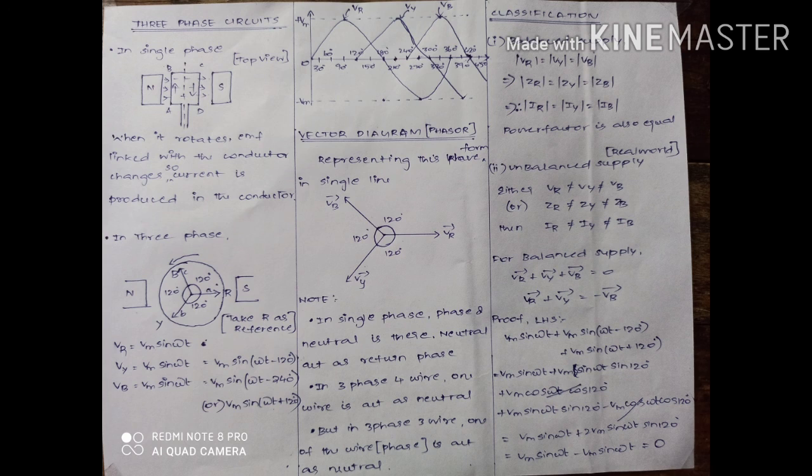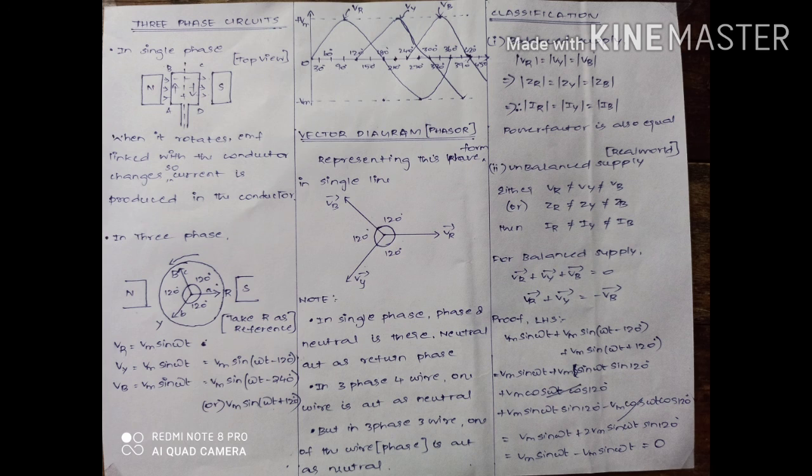Then Vm sin(omega t minus 120 degree) is equal to Vm sin omega t cos 120 degree minus Vm cos omega t sin 120 degree. Then Vm sin(omega t plus 120 degree) is equal to Vm sin omega t cos 120 degree plus Vm cos omega t sin 120 degree. Then we strike out Vm cos omega t sin 120 degree minus Vm cos omega t sin 120 degree.